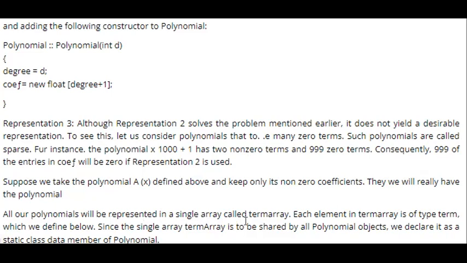Since a single array term array is to be shared by all polynomial objects, we declare it as a static class data member of polynomial. So let us see how it is declared.